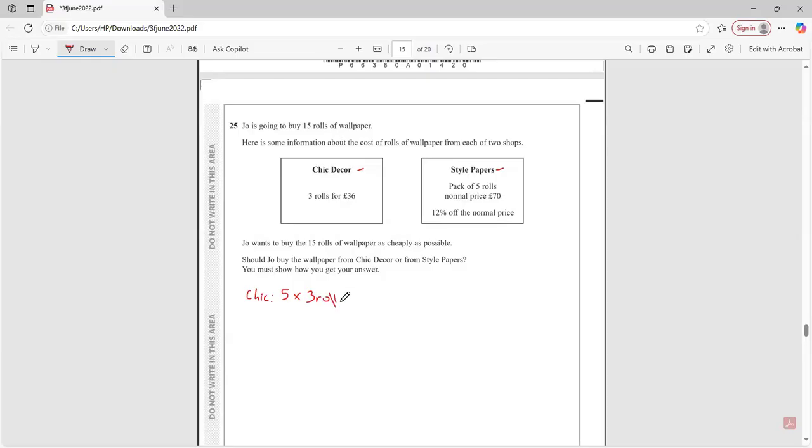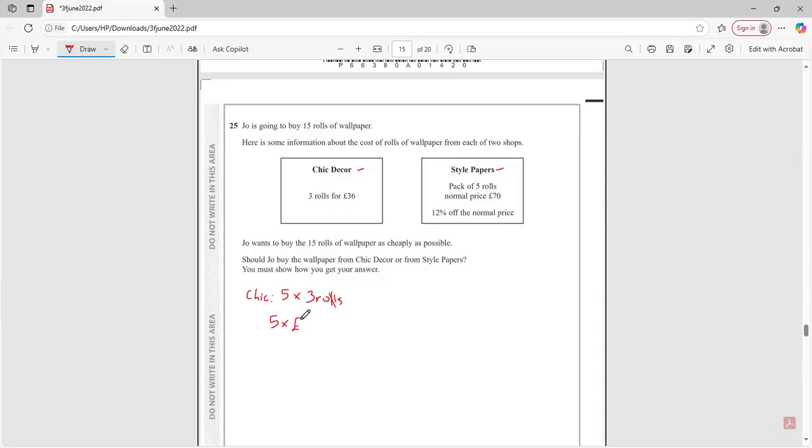So if that's the case, and I think this applies for all of them, 5 3-rolls will give us 15. That means the price of what he will spend to buy 15 rolls of wallpaper would be 5 times 36.